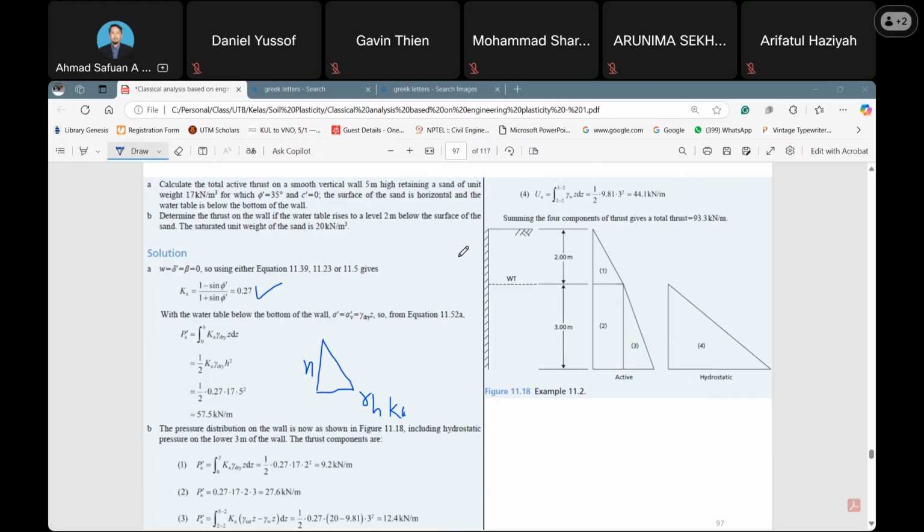Then for water, the unit weight is 9.81, and the last one is 9.81 times 3 squared times half, so 44.1. The final result is 93.3 for the total thrust, based on the approach from the textbook.